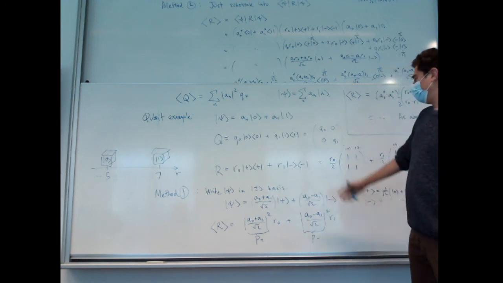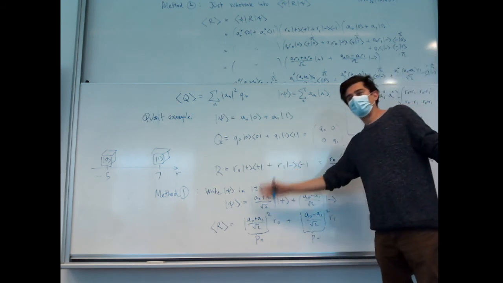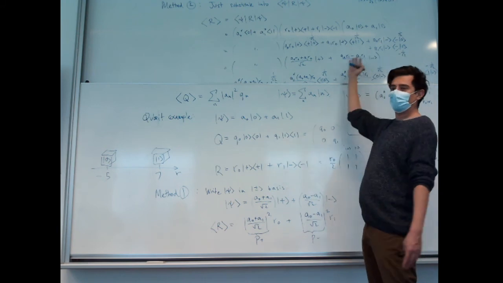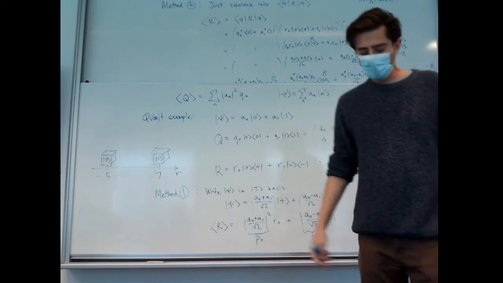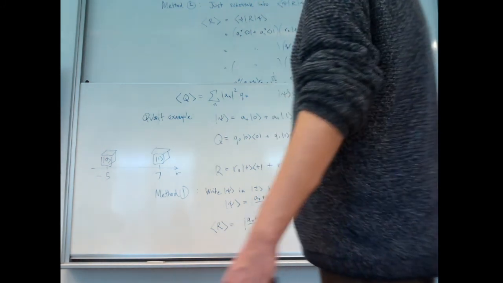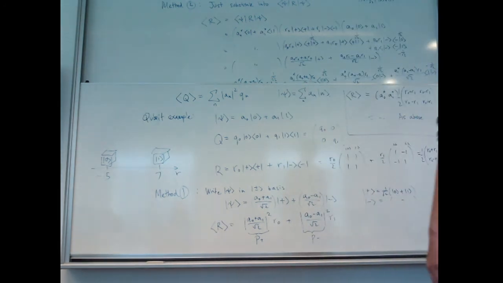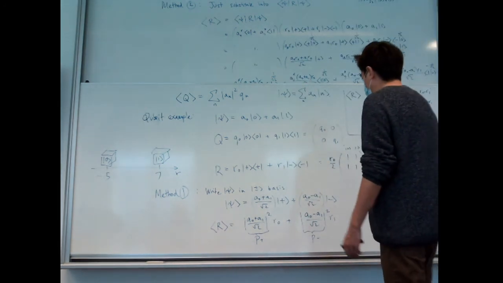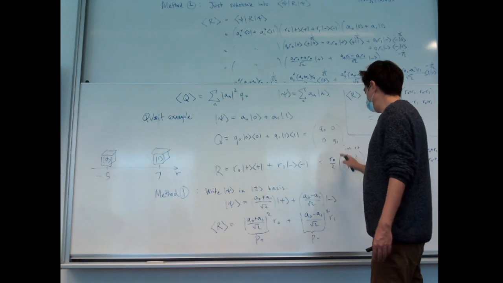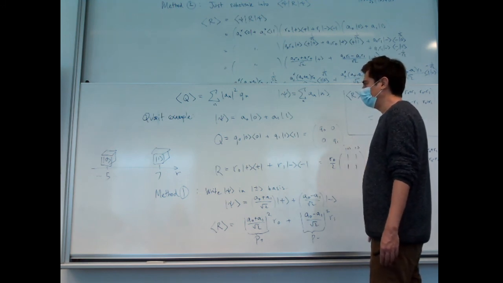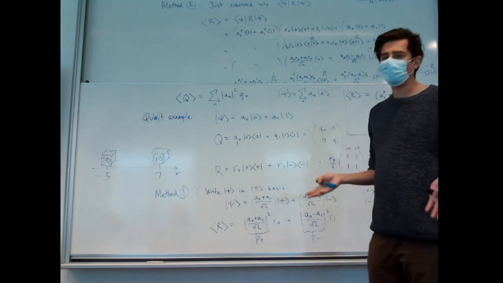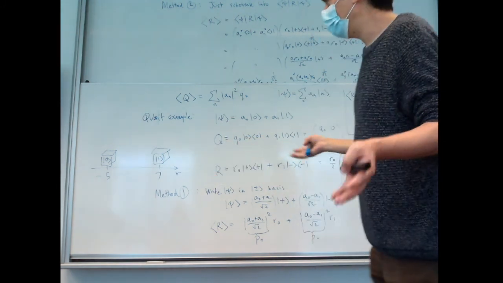Anyway, that's the point I was trying to make, that you could do it either way. In this case, somehow this one looks far easier than this one, but it depends. You can choose according to convenience which is going to be easier.